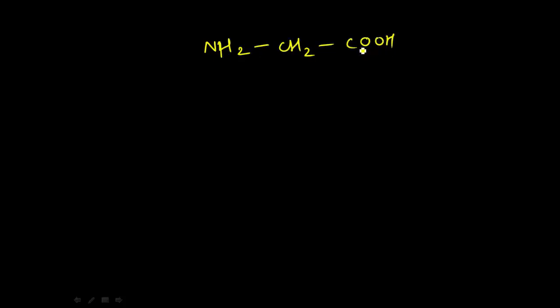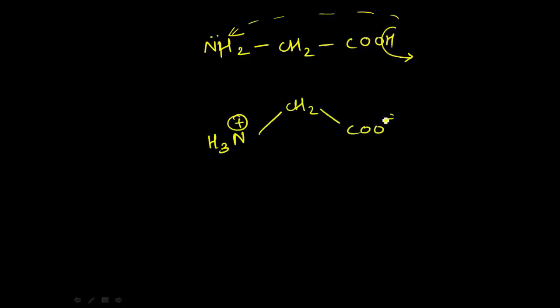Now, the zwitterion structure is formed when the carboxylic acid group loses its H plus, and the same H plus is gained by the amine group, because of its lone pair. So the zwitterion structure is this. If you draw this structure, you will get full marks.